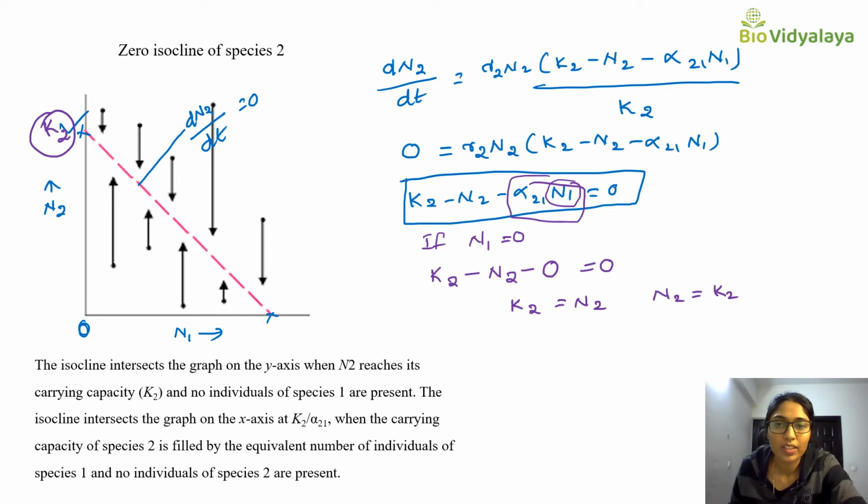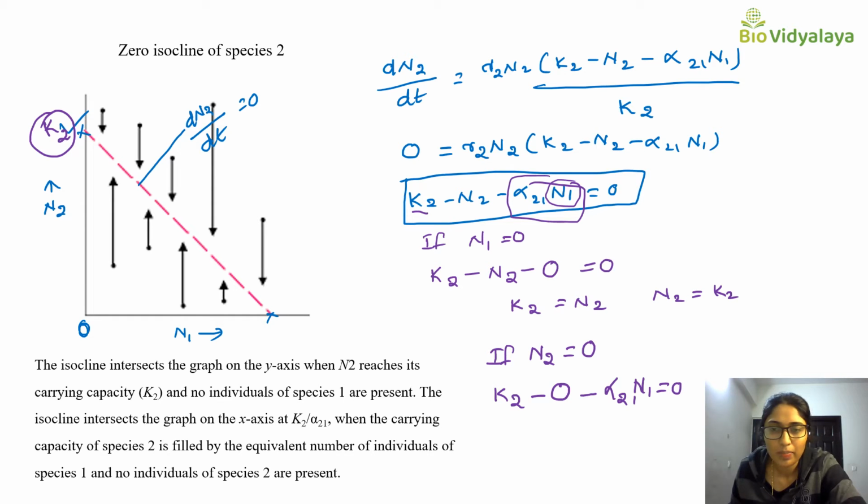Here N1 is equal to 0. Next, if N2 is equal to 0, then what will be N1? So K2 minus 0 minus alpha 21 N1 is equal to 0.